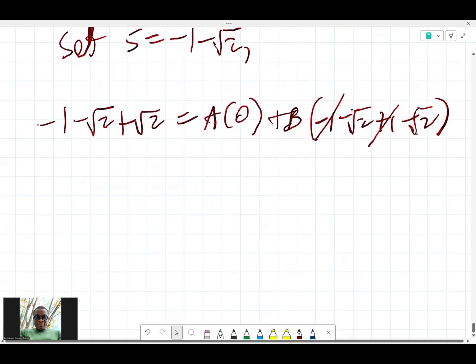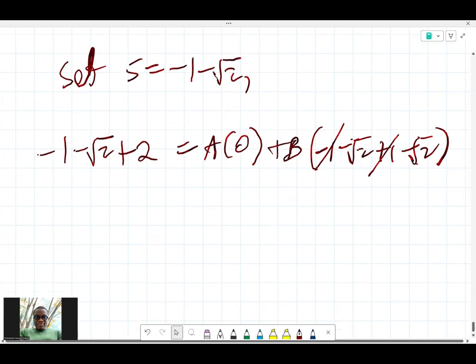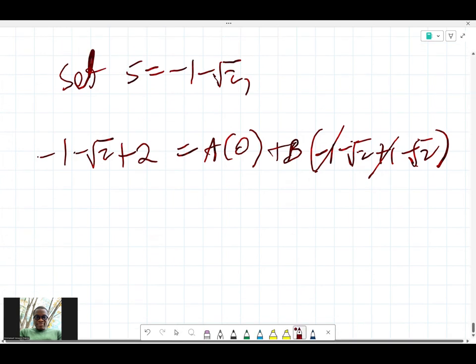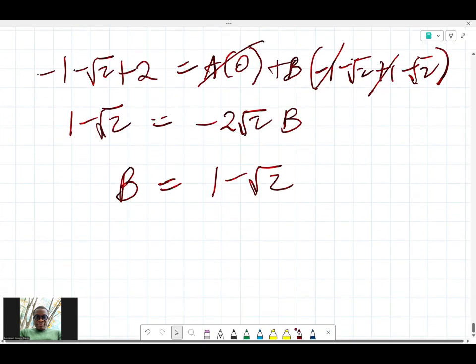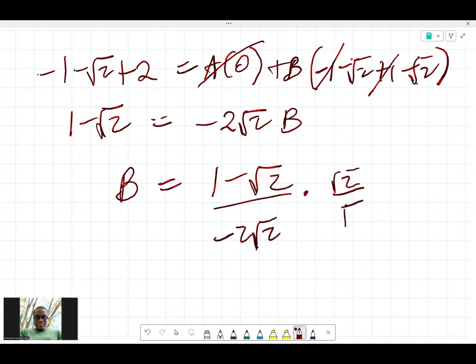So this is 2 here, so we have 2 minus 1 again. That's 1 minus root 2, and that is equal to, this is gone, B into minus root 2 into 2, that's minus 2 root 2 B. So B now is equal to (1 minus 1 minus root 2) all over minus 2 root 2. So you can multiply by root 2 over root 2 to rationalize.